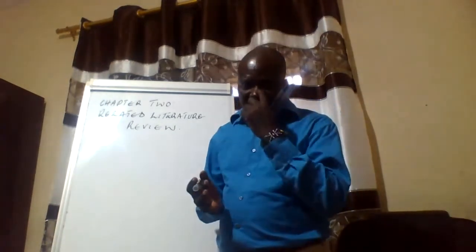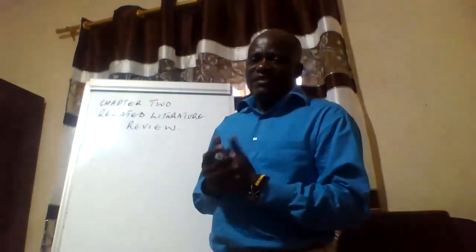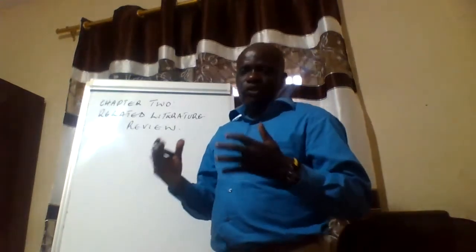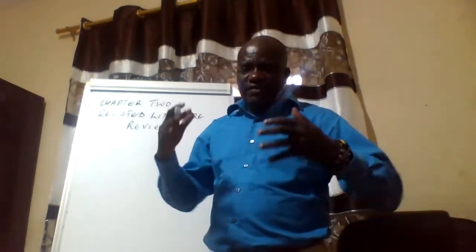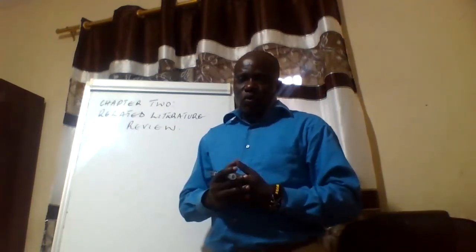The purpose of academic research, among others, is to contribute to the body of existing knowledge. Therefore, the student should show what relevant existing knowledge relates to what he or she wants to do, as far as the research is concerned.